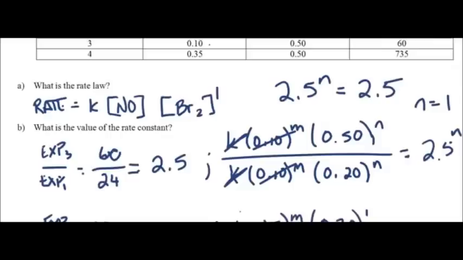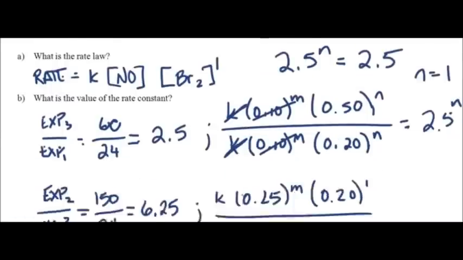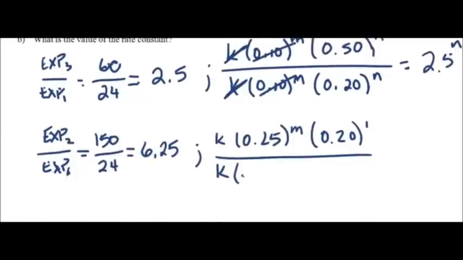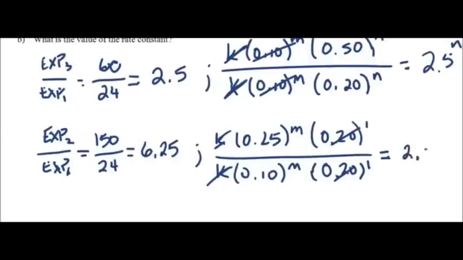And then in experiment 1, we have 0.1 and 0.2. 0.1 and 0.2. First order as well. So again, cancel out anything that's alike. So these guys are gone, K is gone, constant remains the same. So we have 0.25 over 0.1, which is 2.5 to the M.